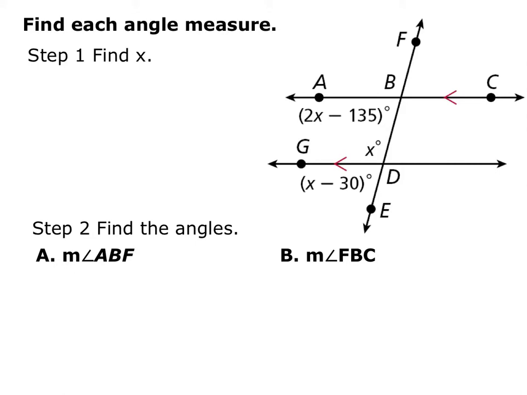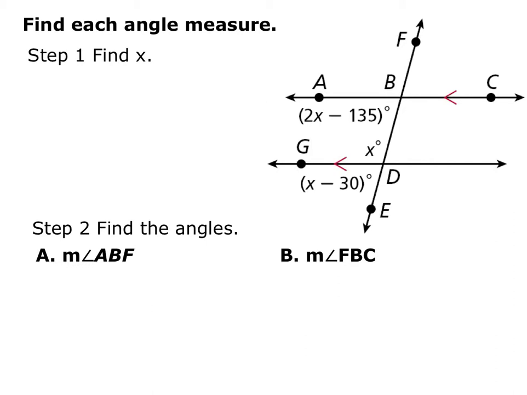Let's take a look at this and then we better do our quiz. Okay, how would we find x? This is more of an algebra type. Notice I've got x at various places. There's more than one way I think that you could do it. 2x minus 135 equals x minus 30.